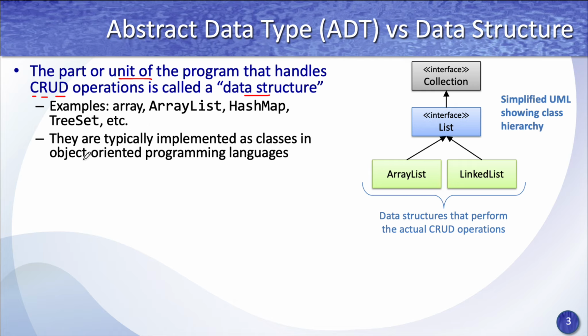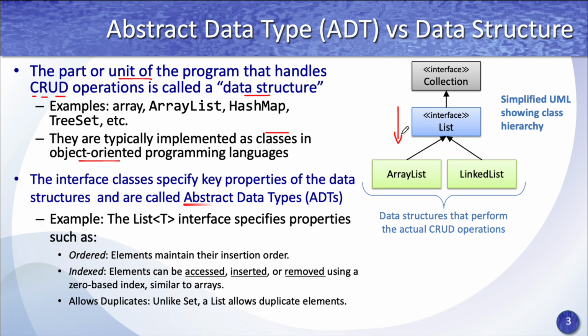Keep in mind, in object-oriented programming languages, typically these data structures will be implemented as classes or a hierarchy of classes as shown in this diagram, and they might use inheritance and polymorphism to implement the different operations of the data structure. It is also important to keep in mind that the idea of an abstract data type is one that provides the key or specific properties of the data structure.